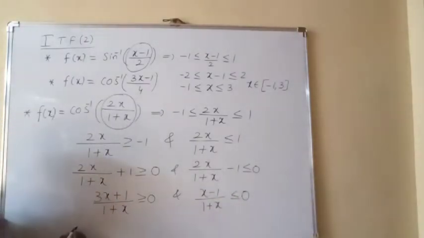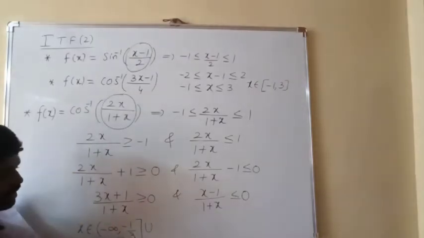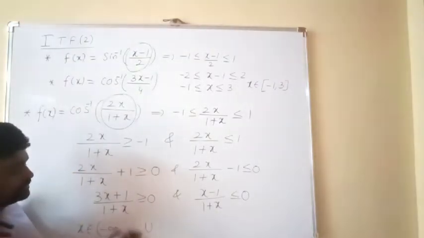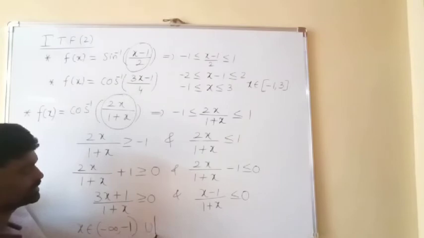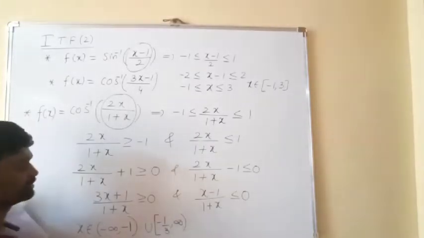And for this, what will be the domain? x belongs to minus infinity comma minus 1 by 3 closed, union minus 1 open, this is closed, minus 1 by 3 comma infinity. Am I correct?